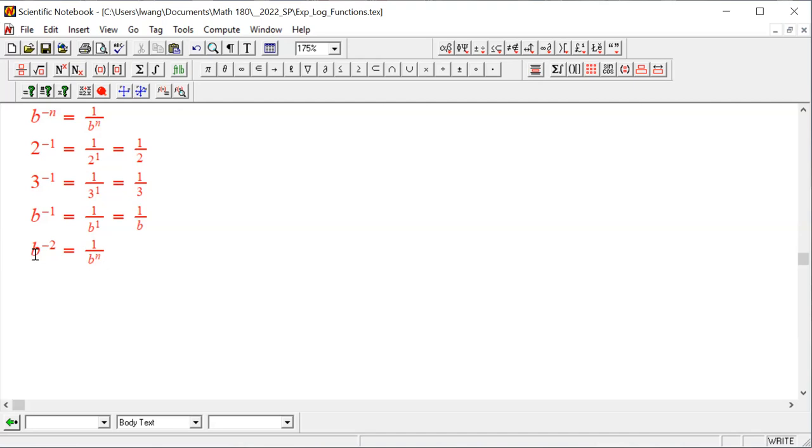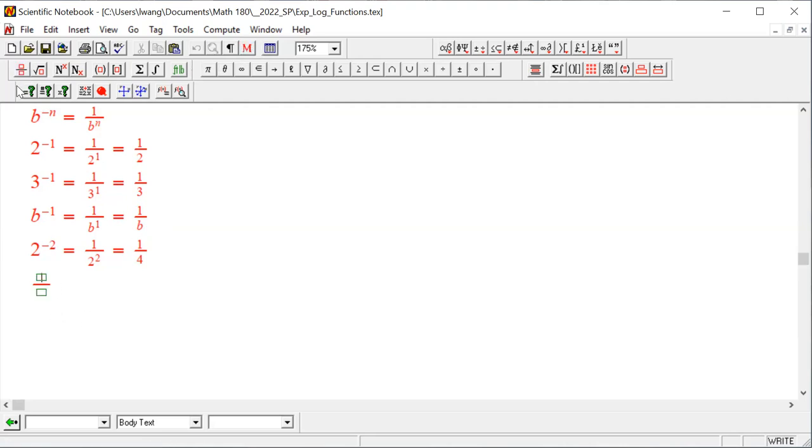So say n is 2 and b is 2. What do we get? We get 1/4, 1 over 4. So you can practice with these exercises, right? So let's look at another one.